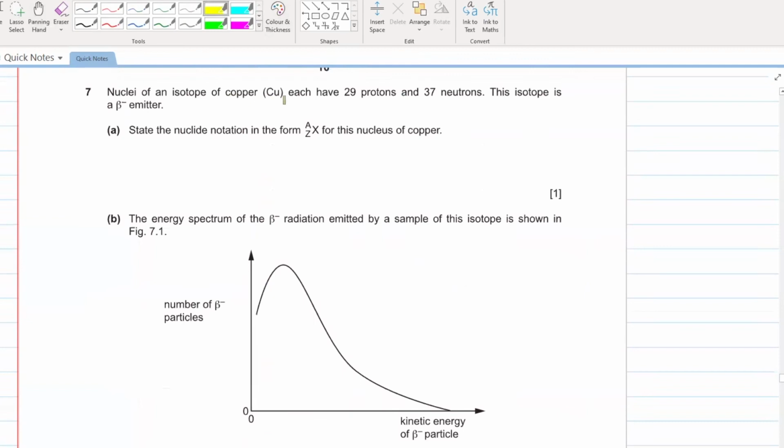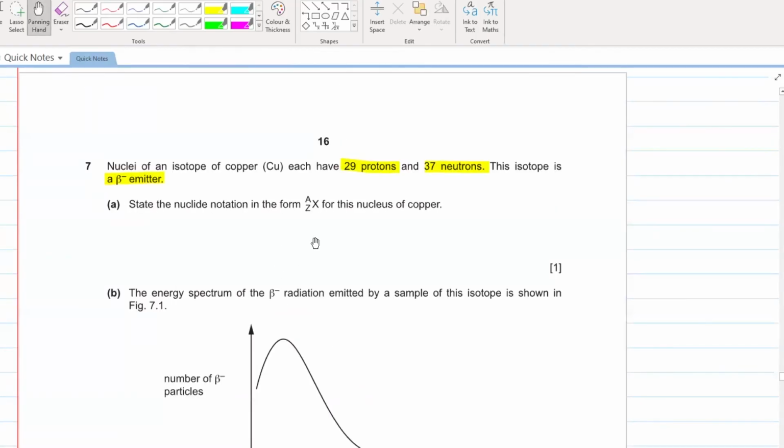Nuclei of an isotope of copper have 29 protons and 37 neutrons. The isotope is a beta negative emitter. State the nuclide notation for the nucleus of copper. Beta, always remember, whenever you write the nuclide notation, the proton number comes on the bottom side.